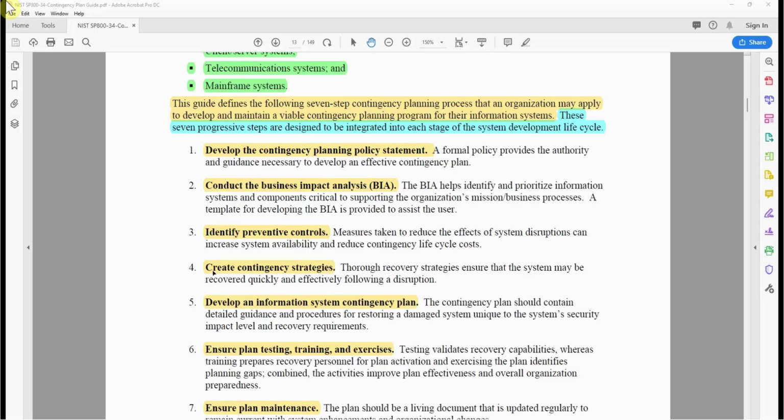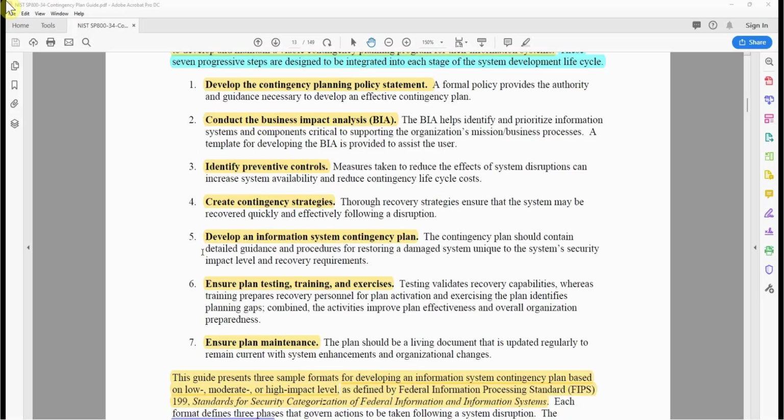Number 4, create contingency strategies. Thorough recovery strategies ensure that the system may be recovered quickly and effectively following a disruption. Number 5, develop an information system contingency plan. The contingency plan should contain detailed guidance and procedures for restoring a damaged system unique to the system security impact level and recovery requirements.